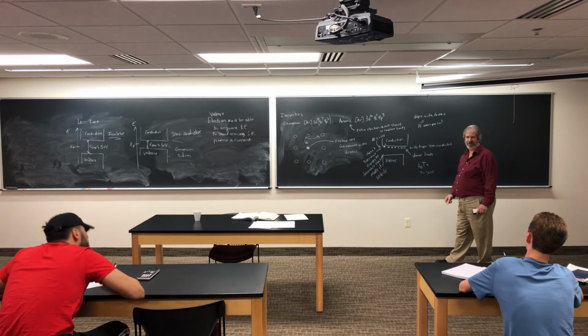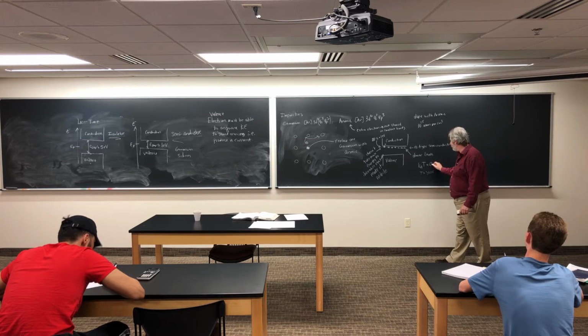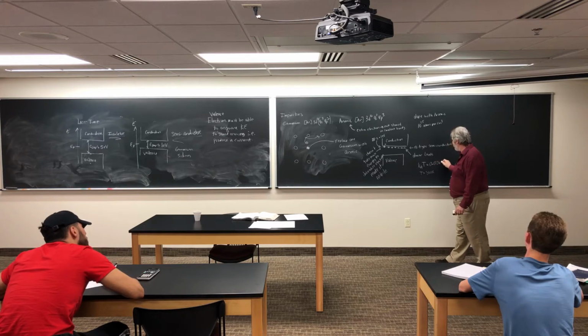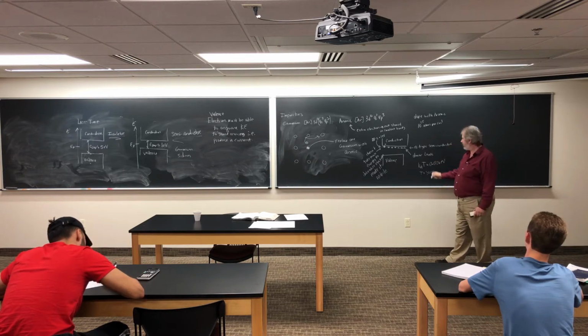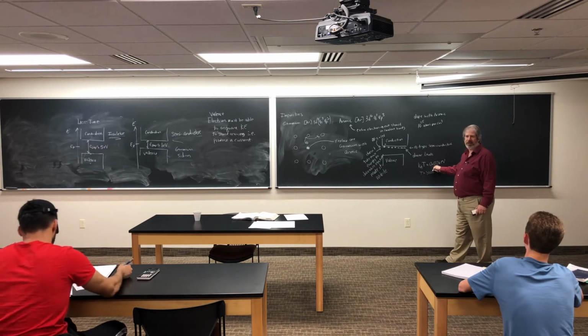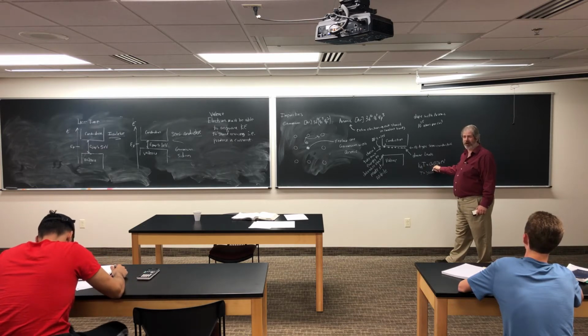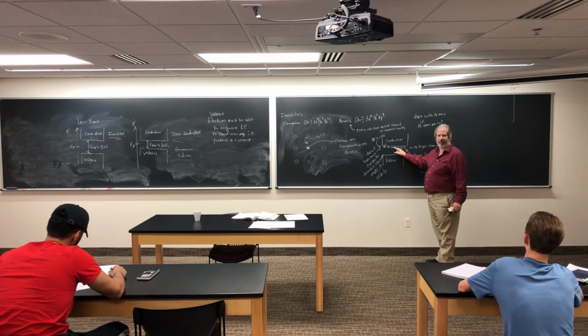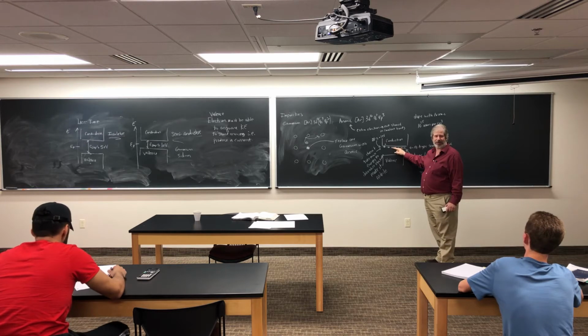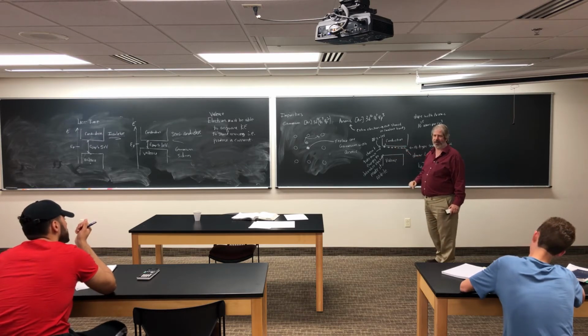It's like 0.026 eV. But the point is, we call that a thermal energy. Electrons can acquire that much energy just because of the temperature. It turns out some of these are close enough that electrons can just jump up there just acquiring thermal energy.